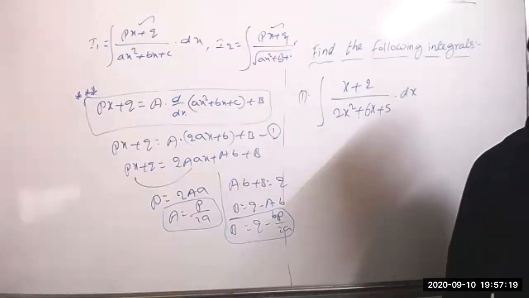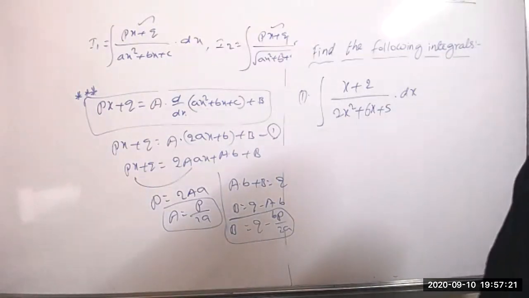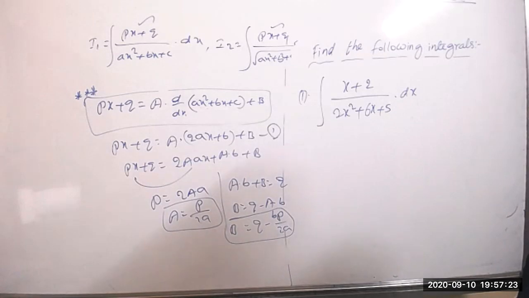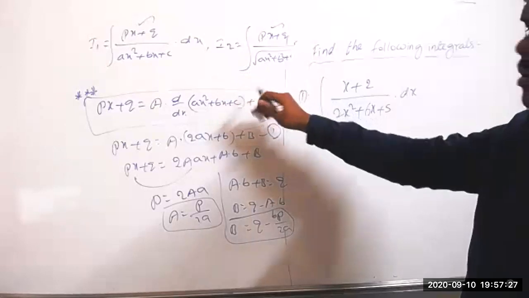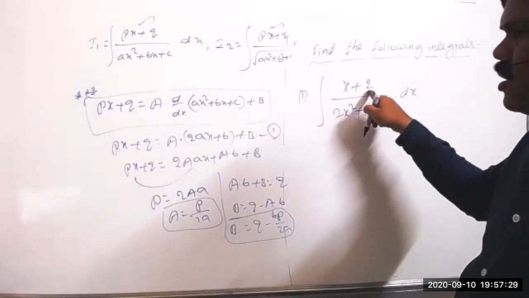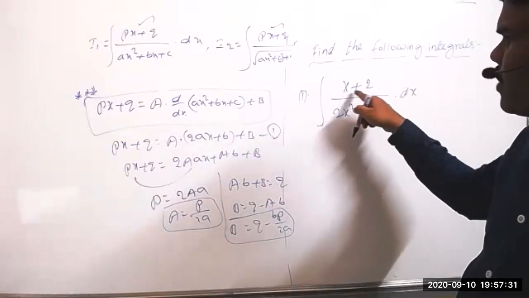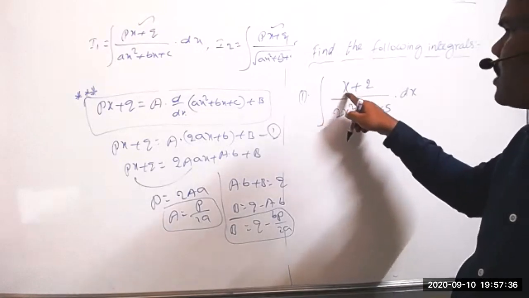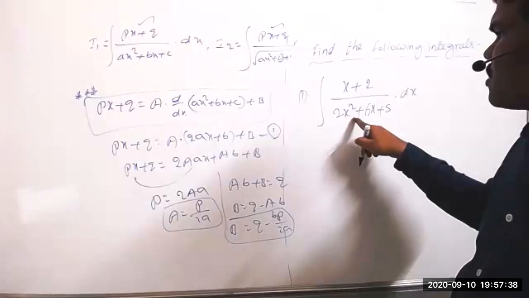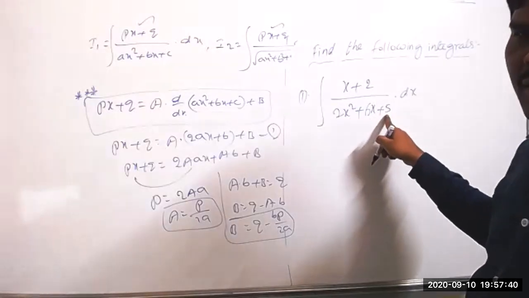This one we have to integrate. Immediately you can see this compares with the method I just gave, in the form px plus q. Here the value of p equals 1, because the coefficient of x is p. So it is in the form px plus q by ax square plus bx plus c.